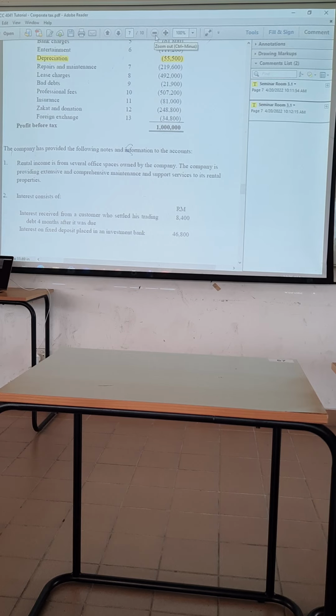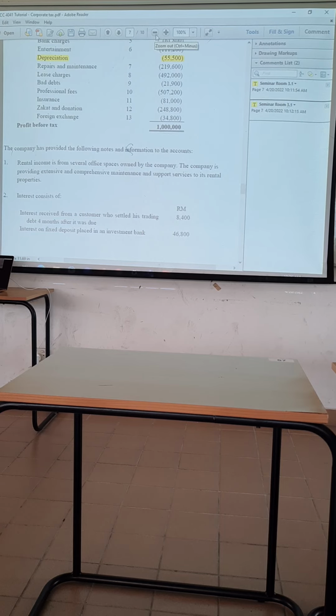It means that even though you have a loss there, you cannot use that loss to be set off against your aggregate income, because only loss from business 4A can be set off against your aggregate income. Other losses, for example from your rental or from your royalty, are permanent losses. So you cannot use the losses to set off against other income.